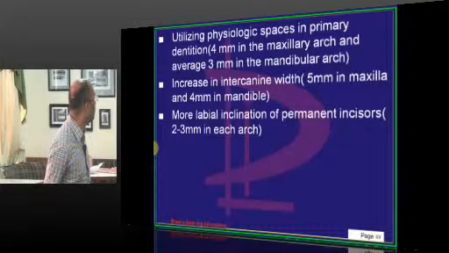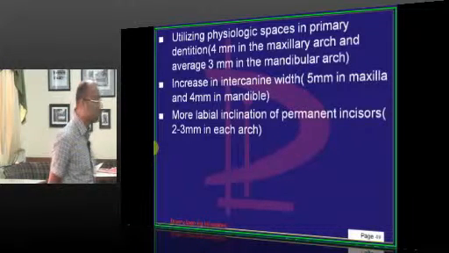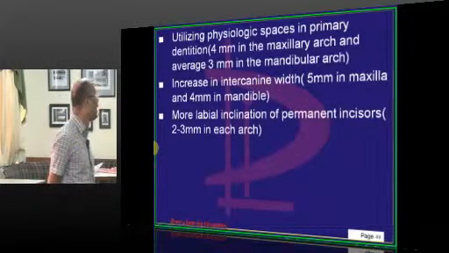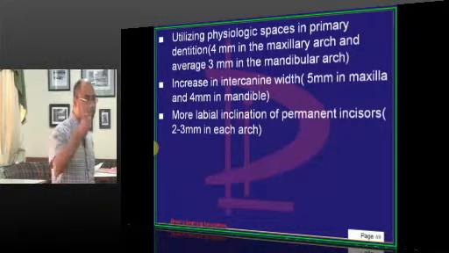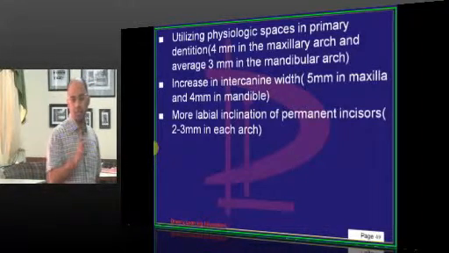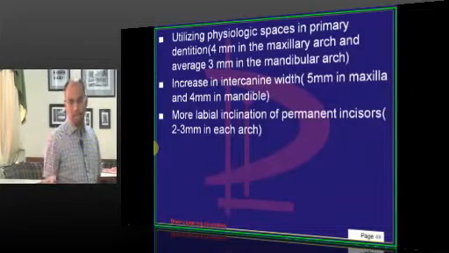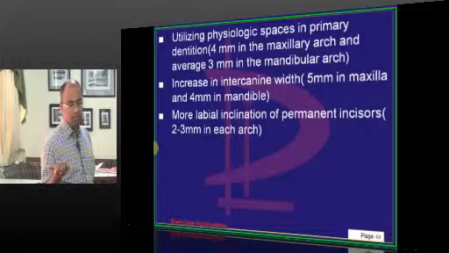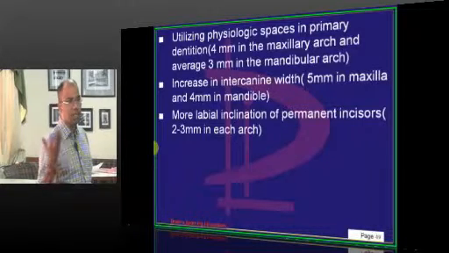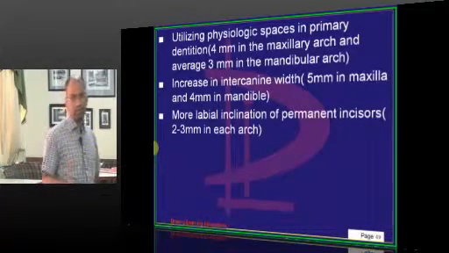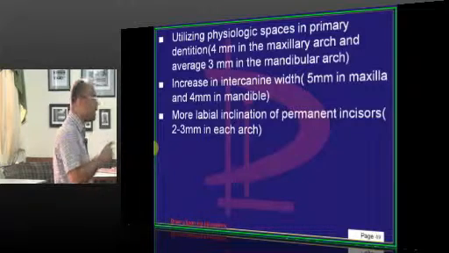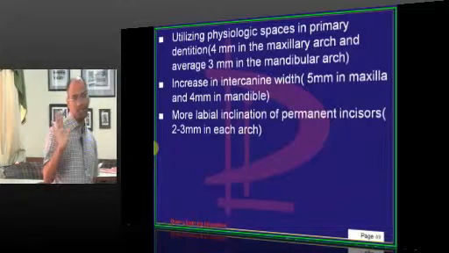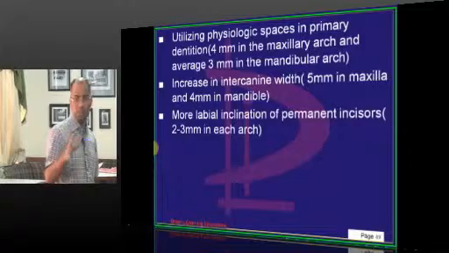So the inclination of your permanent incisors, the intercanine width and the physiological spaces, these three contribute to overcoming incisal liability. Now the intercanine width is established with the eruption of canines.